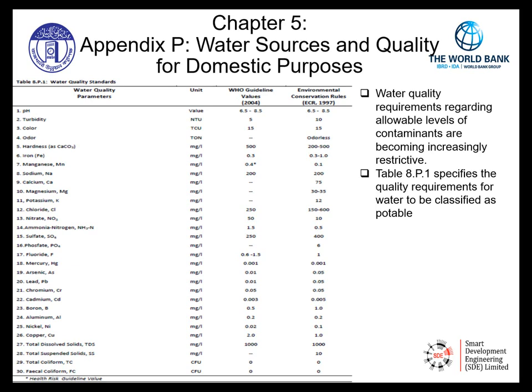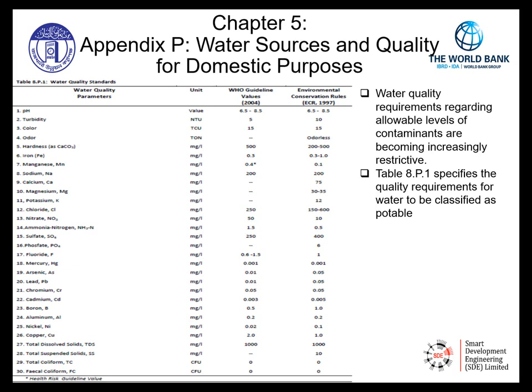As can be seen here, item number 1, pH value, indicates WHO guidelines between 6.5 and 8.5, and the environmental conservation rules indicate the same values. Turbidity is another concern with respect to water.